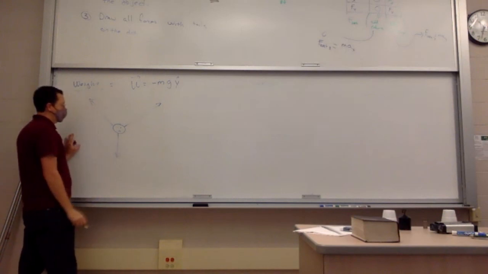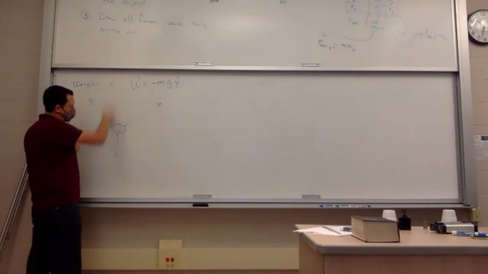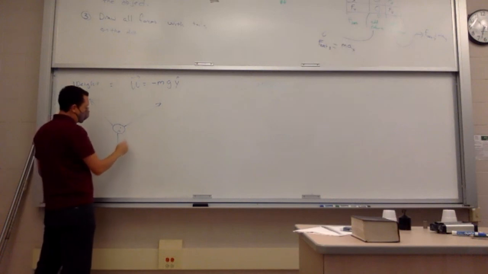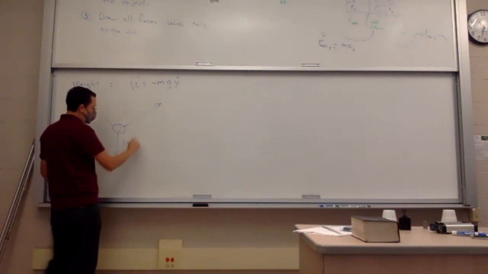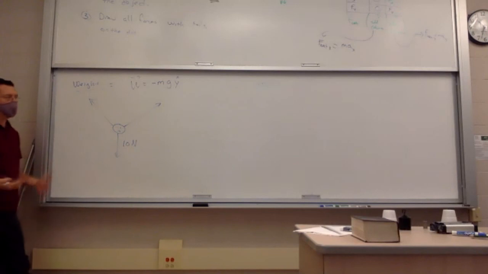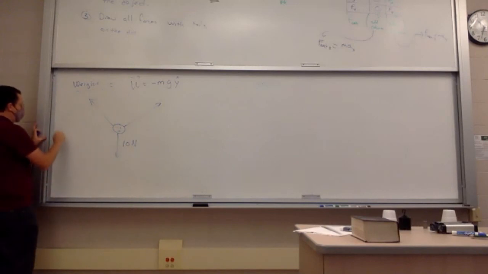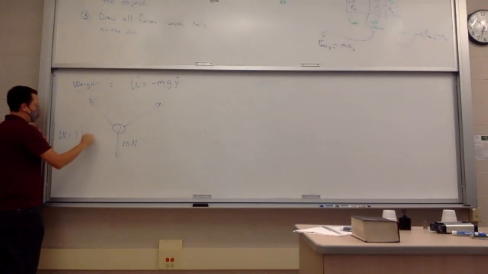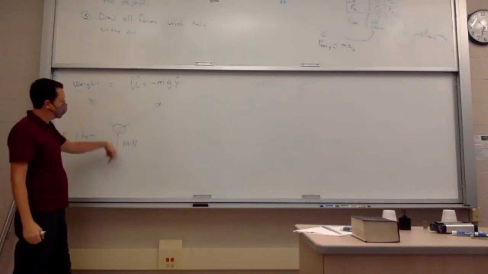We are told that this force goes straight down, and let's say this is 10 newtons. Oh, the unit for force is a newton. 1 newton equals 1 kilogram meter per second squared. So 10 newtons straight down.